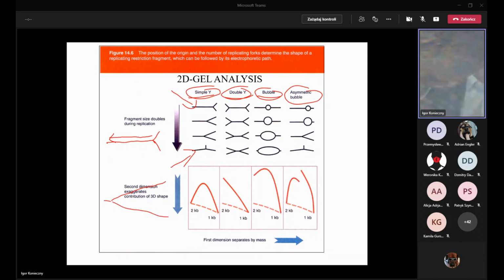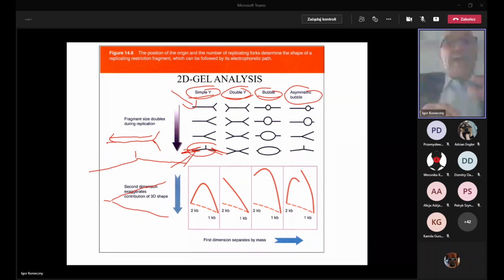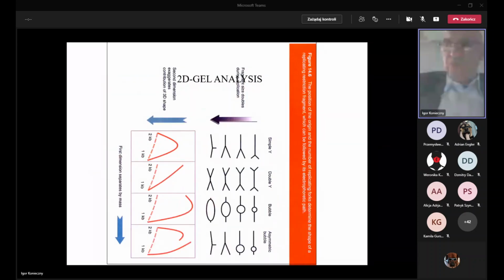If you pulled the ends, it should be this long. So this is too short. I would extend the arms of the letter Y. But nevertheless, we can look at the general concepts.